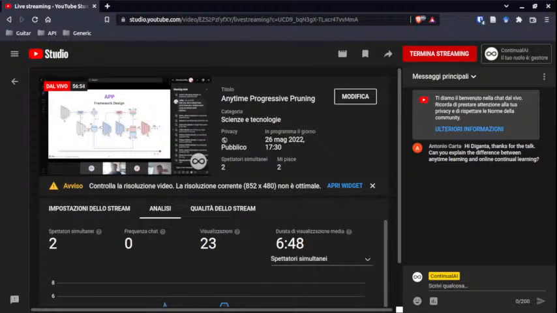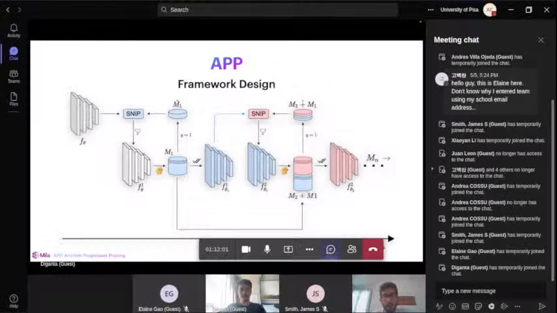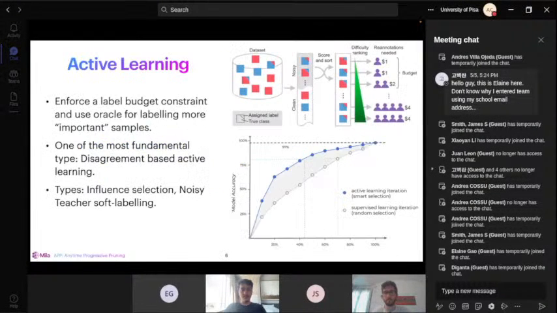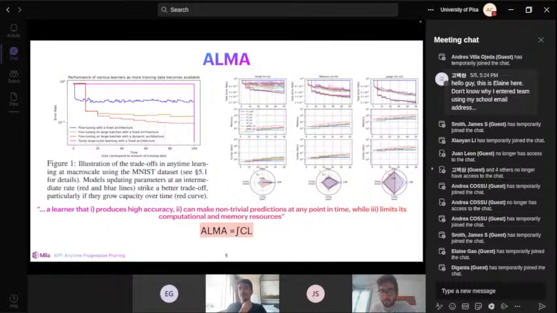Can you explain the difference between anytime learning and online continual learning? Okay. Yeah, so this is quite debatable, to be honest. At least from my understanding of what I have read, online learning is the setting where you have a stream of data and you see each sample once. So you are not iterating on the same sample, you do not do multiple epochs on it. You just keep seeing more and more samples as the model trains.